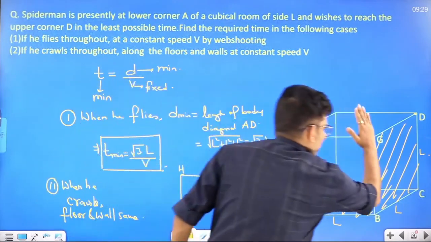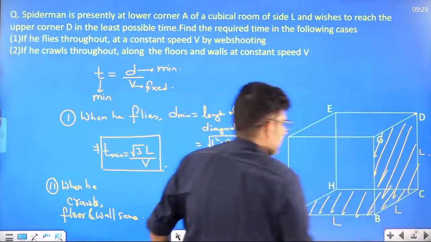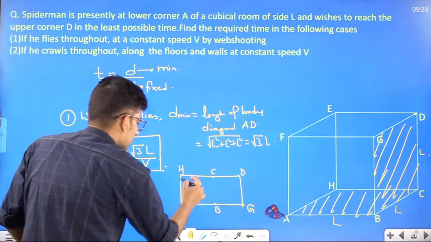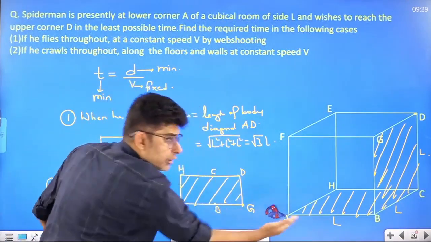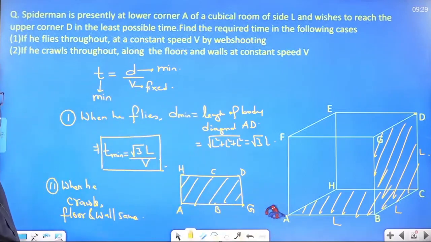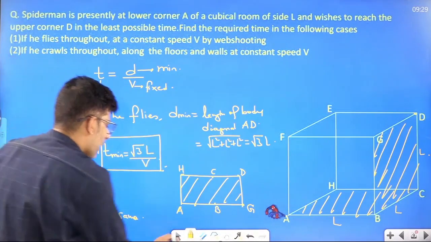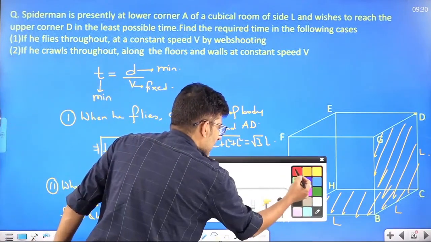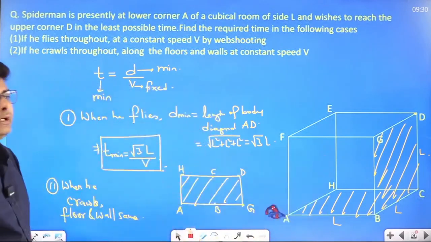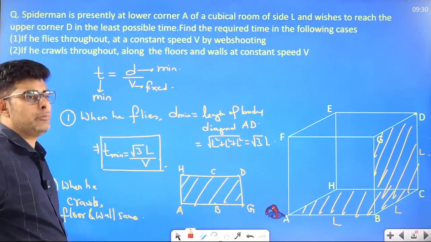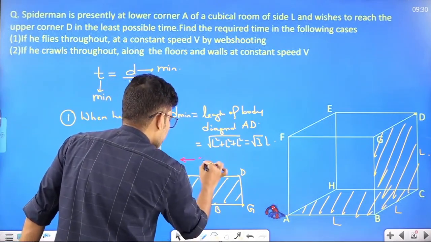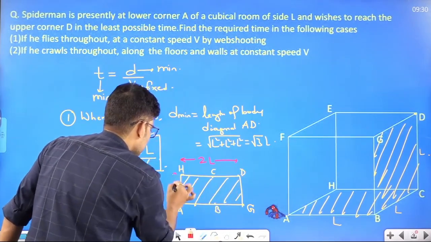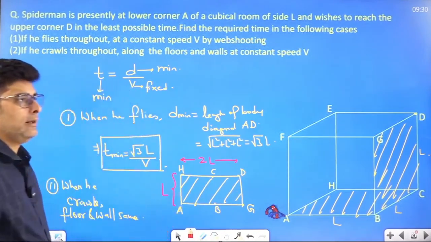If I open this, then it will become this diagram. This is the diagram. I have made the vertical wall horizontal because it is the same. Now, what is the shortest path from A to D? Can you see what the shortest path from A to D is? Now you can see this length L plus L becomes 2L. This length is L.